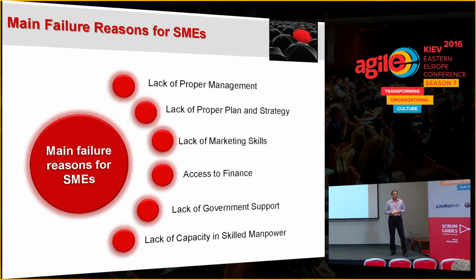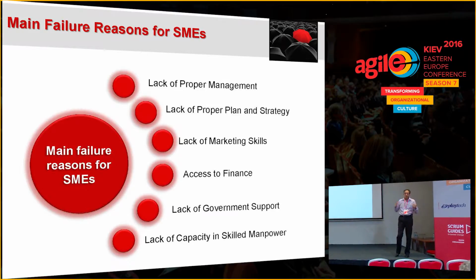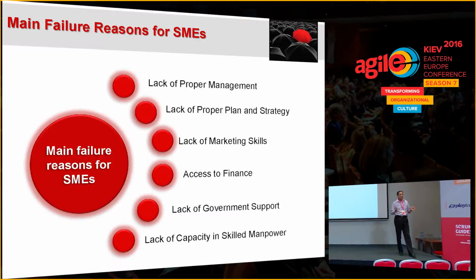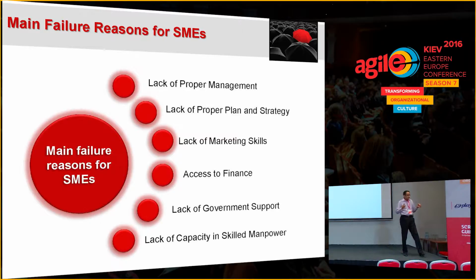Lack of proper plan and strategy. As I said, if we link it to the first point, this is a problem as well, because they don't have the right plan or the right strategy, which should be based on a sense of what happened in the market and what we expect to happen in the next few months or few years. Lack of marketing skills.